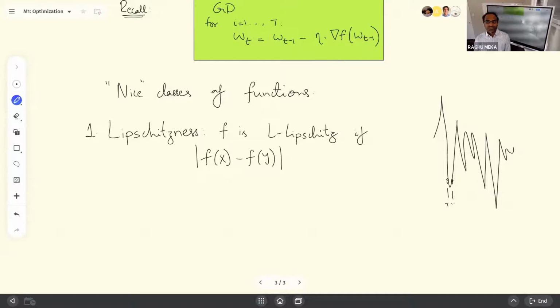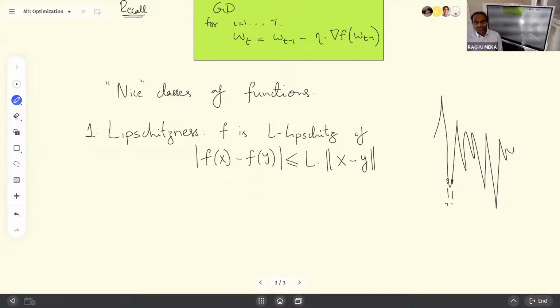That's continuity. When I take two points which are infinitesimally close, we want the function values to be close. That's the calculus 101 way of defining continuity. But if you want to quantitatively define it, what would be one natural way? I can say it's at most some number times how close x and y are.